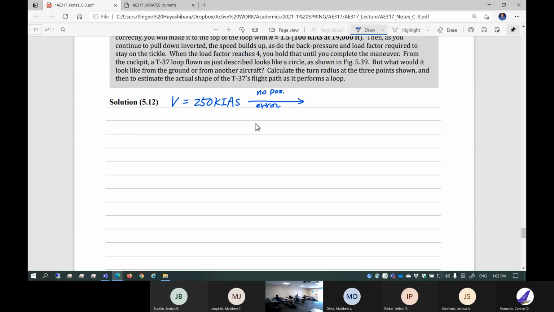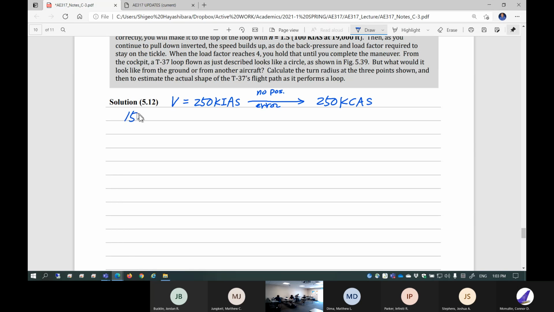If you install the pitot-static tube in the wrong position, you have to correct it. You have no such thing. So let's assume that this is about 250 KCAS. You know KCAS? Calibrated, okay? Because no position error. KCAS, based on standard sea level density and pressure, you have to do F factor correction.